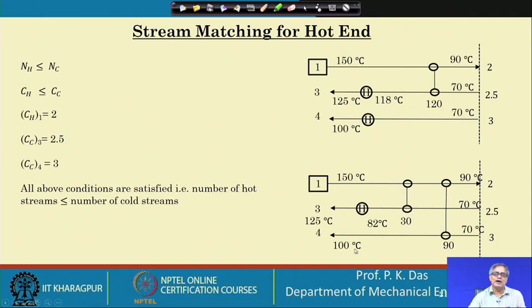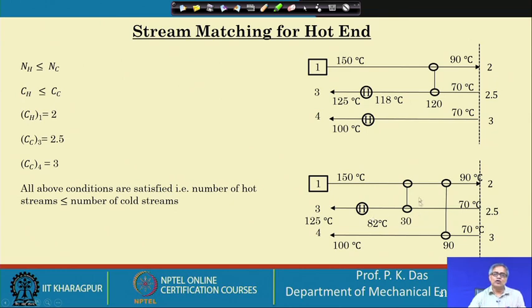So, 70 degree to 100 degree, that means 30 degree temperature difference, 3 kilowatt per degree Celsius is the heat capacity rate. So, I need 90 kilowatt of heat, but that will not cool the hot stream totally. So, hot stream is to be further cooled, and that can be done with the help of your cold stream number 3.